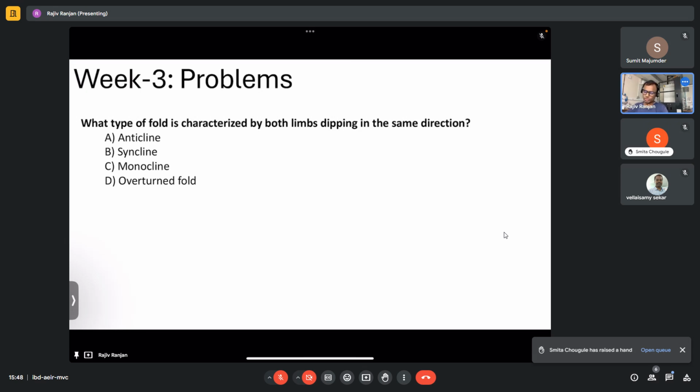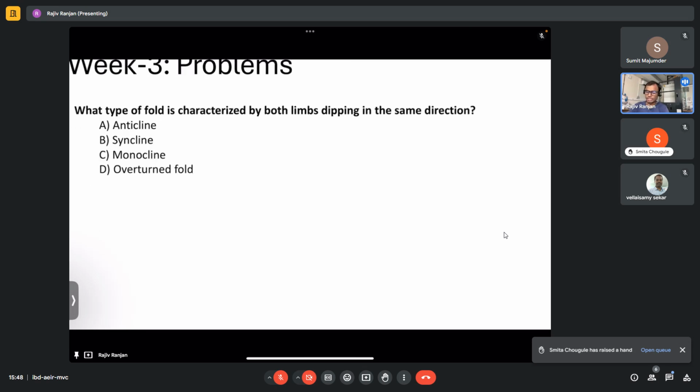What do you think? So we studied, right? Right now we studied anticline is based on the younging or older. Basically, it's based on age. So this is incorrect. Syncline is also based on the age. Overturned fold, what do we know? Do you know anything? So monocline.